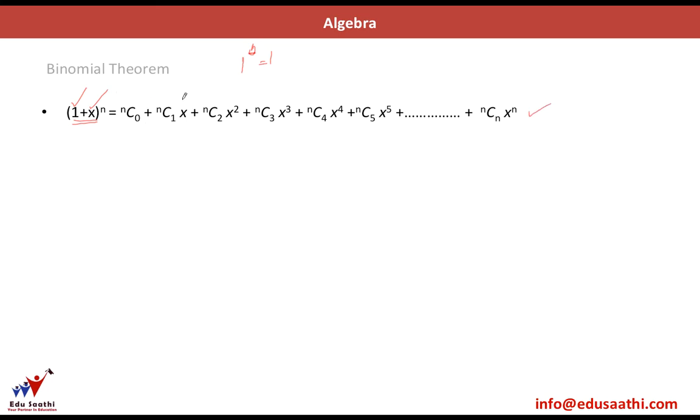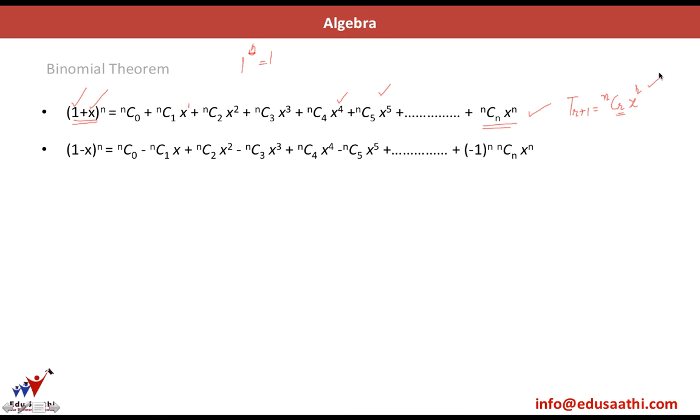Plus nc1, x raised to power 1, plus nc2, x square, plus nc3 x cube, plus nc4 x raised to power 4, plus nc5 x raised to power 5, and so on till the time it is ncn x raised to power n. So a general term would be given by ncr x raised to power r. Whatever is the r value, that will be the power of the x that you will have here.